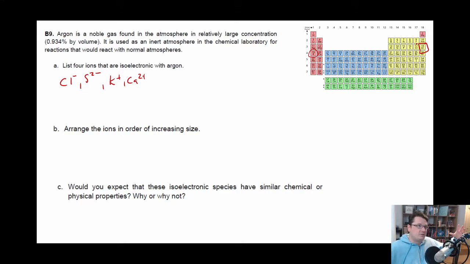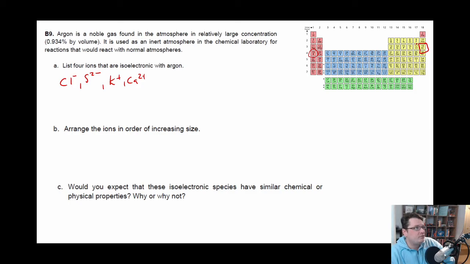So the radius increases, because you have not only more electrons in there, but each one of those electrons is actually feeling less of the nucleus because it has to get distributed across more electrons at that valence shell. And so the more negative something is, you would expect it to have a larger radius in comparison.